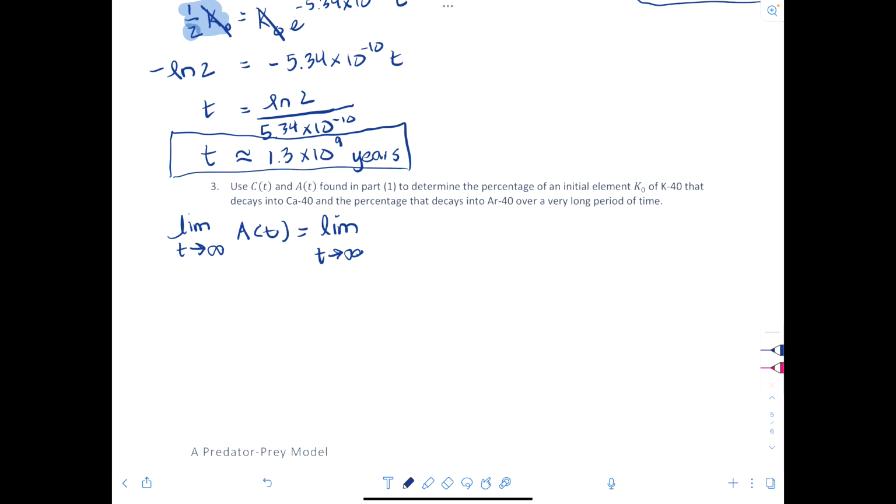So lambda 2 was 0.5874 times 10 to the negative 10. That's over the sum of lambda 1 plus lambda 2, which we found to be 5.34 times 10 to the negative 10 times K0, and then times e to the negative 5.34 times 10 to the negative 10 t.